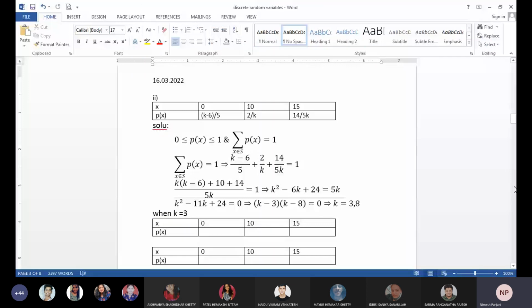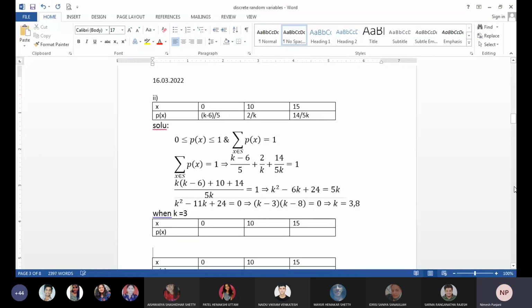So out of the two values of my k, which one will give us the probability mass function? दोनों में मिलेगा कि किसी एक में मिलेगा? That is what we have to check now. So we will do it separately. First we will do when k is equal to 8, and then we will do it when k is equal to 3, or 3 and 8 के लिए करेगा.